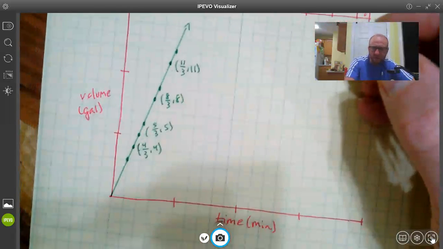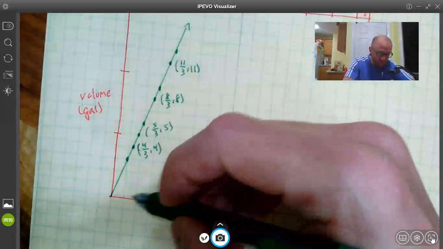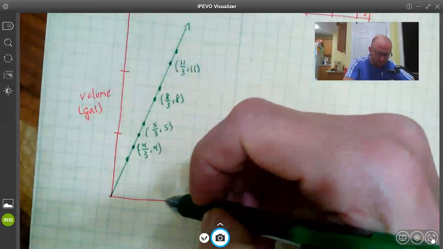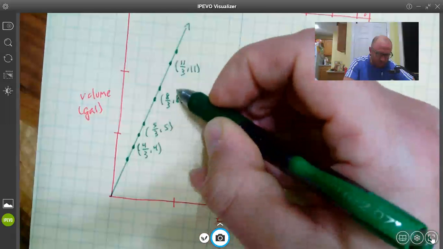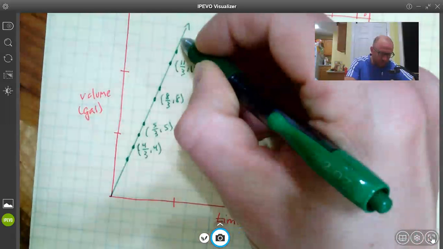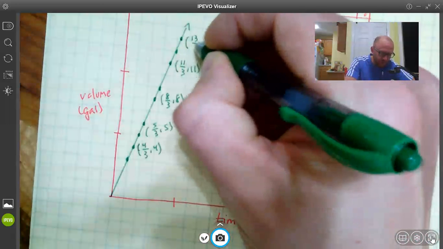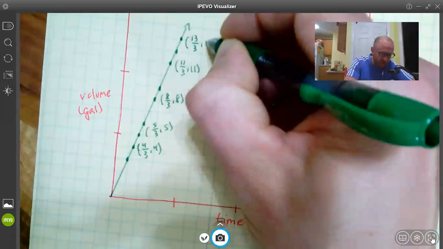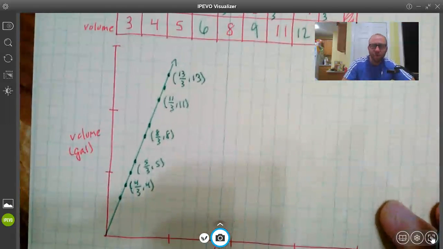So 13 thirds, let's see, 12 is 4, so 4 and 1 third. 1, 2, 3, 4, and a little bit more. 1 through 13. So you have 13 thirds and 13. There we go. So all our points are graphed.